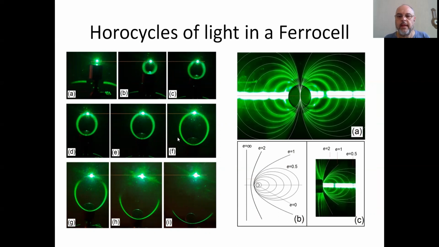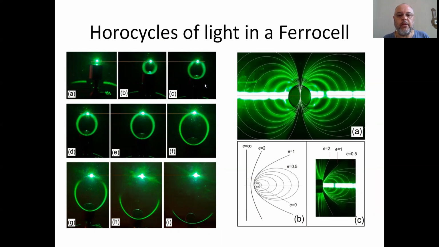So we can see that there is some kind of conics present in this system in which we have a ferrofluid subjected to a magnetic field. This magnetic field creates columns of nanoparticles. We also call them microneedles of nanoparticles.